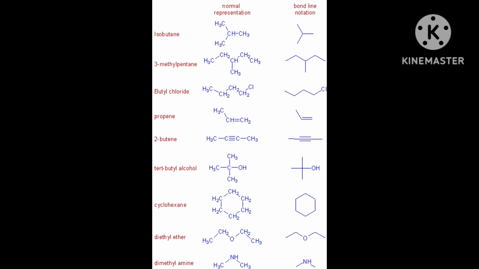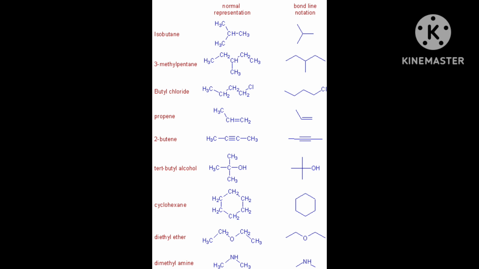ANE means alkane. Alkane means saturated carbon. 4 carbon atoms will be there, and for all carbons, the 4 valencies are engaged. All are single bonds. No double bond, no triple. Alkane means only single bond.